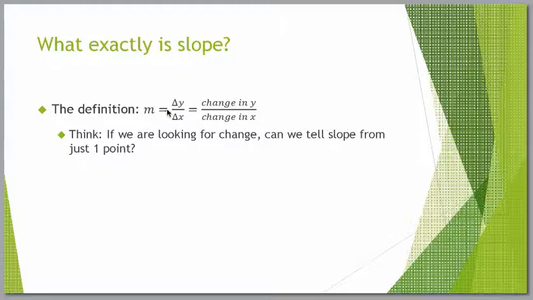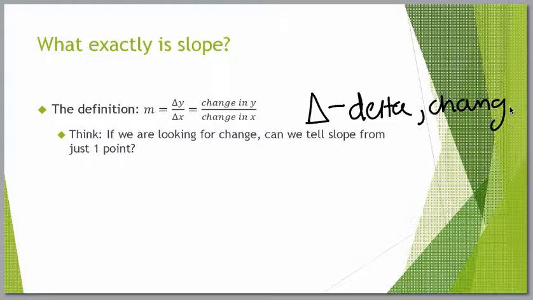All this part of the definition is a fancy way to say change. This is the Greek symbol delta, which means change. And all that's saying is change in y divided by change in x.